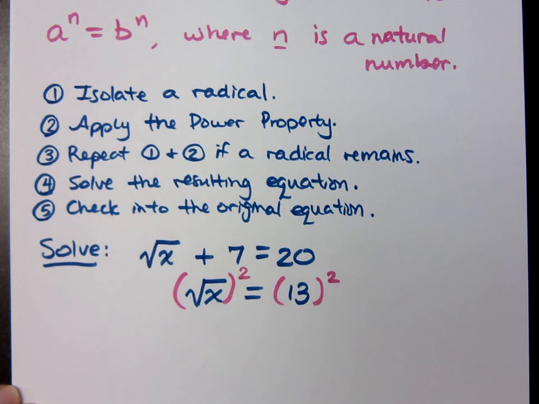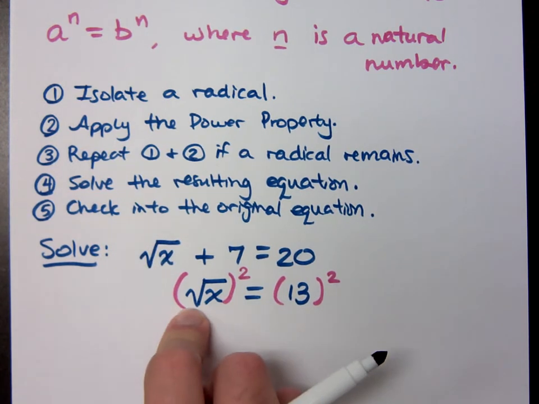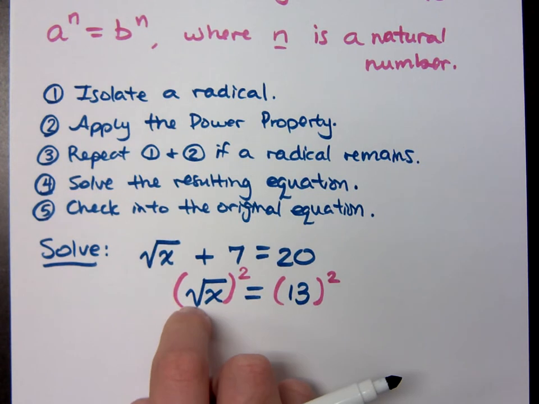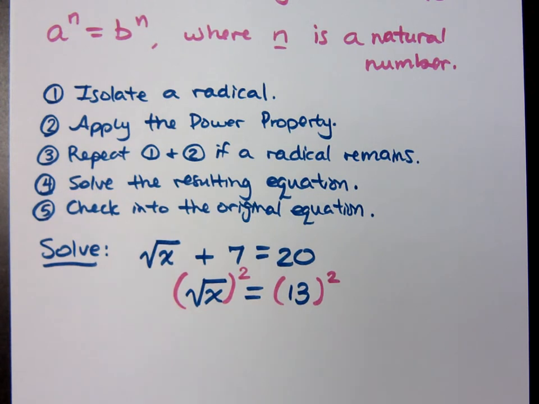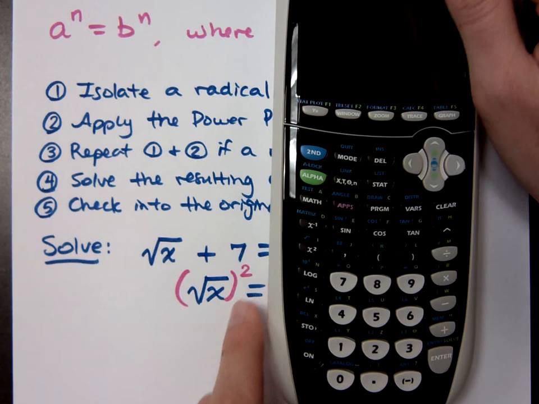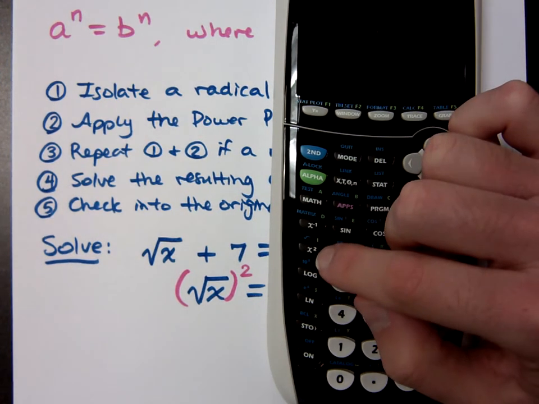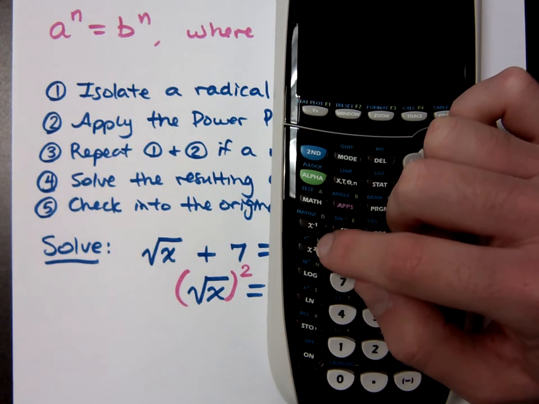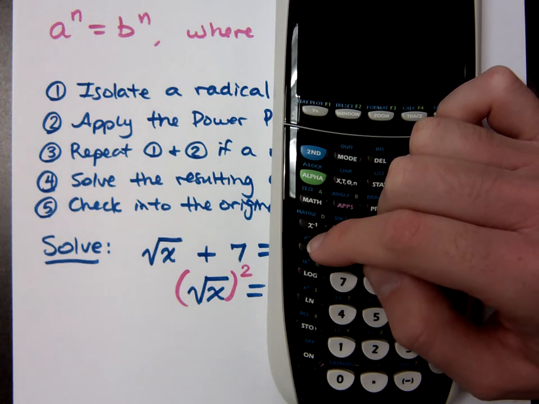That means square both sides. Because what again? I want to be able to undo the square root. So to undo a square root, you would square it. And check this out in your calculator. A lot of things in your calculator deal with inverse operations. It may be hard to see, but you've got your squaring button here. The inverse is above it, which is the square root.